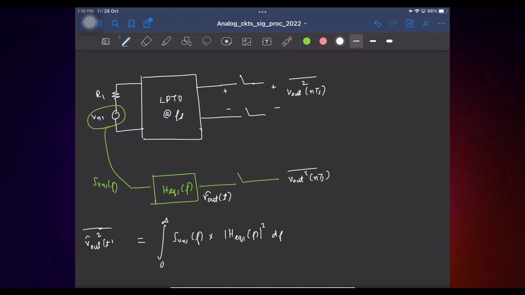Correct, the integral is giving some value for this, but when I am sampling this and taking the samples, V_out squared(t) will be a fixed, constant value. But when I sample it, it's some other signal, right?